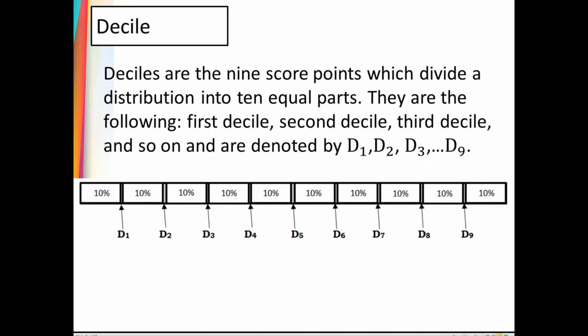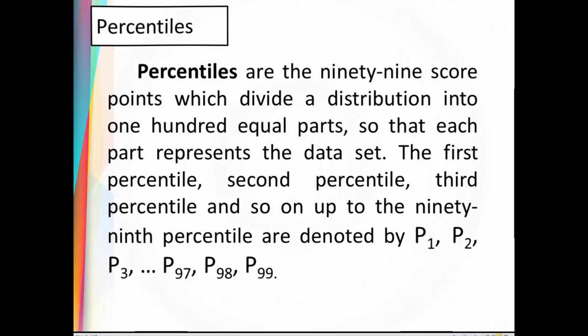A decile or deciles are the 9 score points which divide a distribution into 10 equal parts, while percentiles are the 99 score points which divide a distribution into 100 equal parts so that each part represents 1% of the dataset.